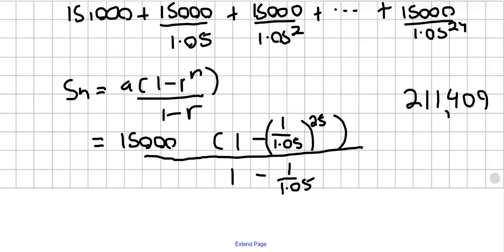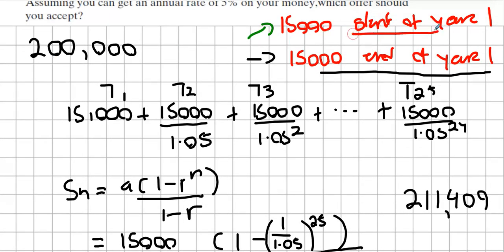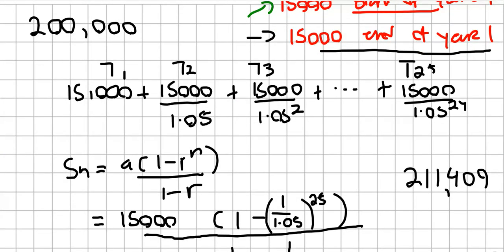Now, what happens if we flip-flop back to the previous one? What happens if I said, look, I don't think it was the start of the year. I think it was the end of the year. How would I change between the two really fast? Can anybody tell me? 1.05 here, yeah? Squared, cubed, 25. Well, oh, it was meant to be 24.